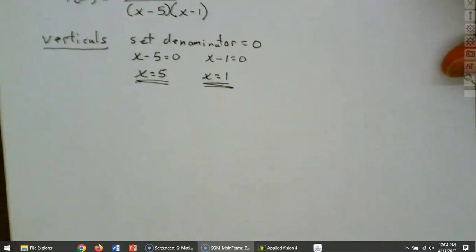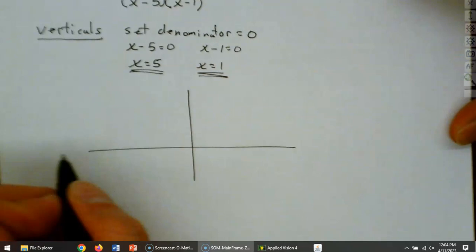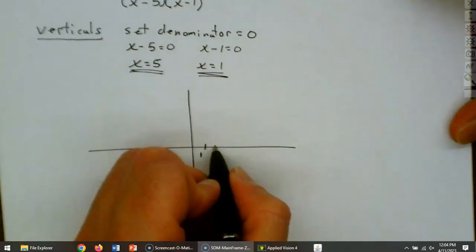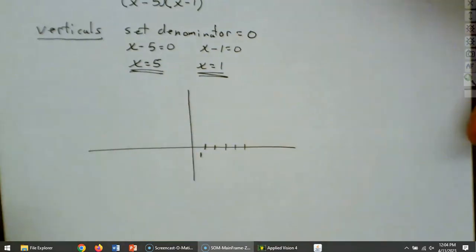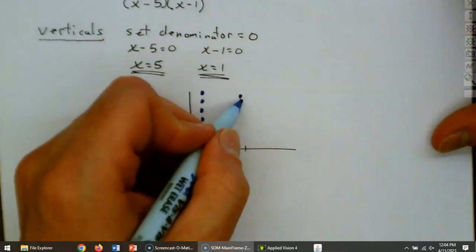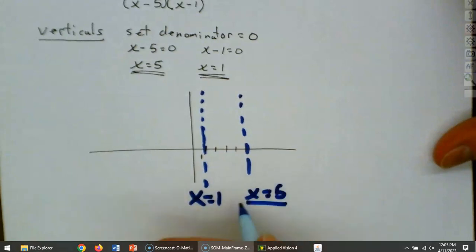We're going to make a quick sketch here so we can use process of elimination. So this is what we've got so far. This is going to be x equals 1. This one is x equals 5.